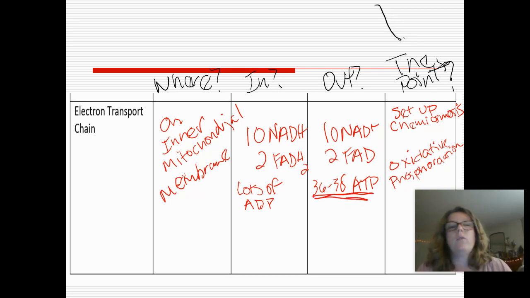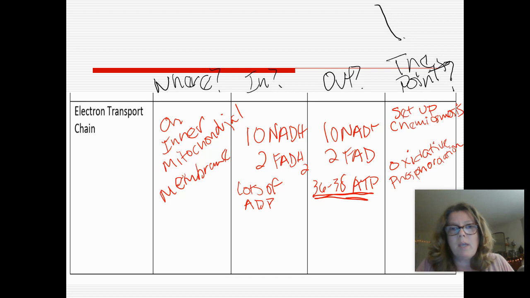I know 36 to 38 doesn't sound like that much, but if you think about it, you had 2 ATP through substrate level. Glycolysis has 10 steps, and you get 2 ATP out of it, a net gain of 2. The Krebs cycle has all these steps, and then you have to regenerate the original molecule so you can start the cycle over again.